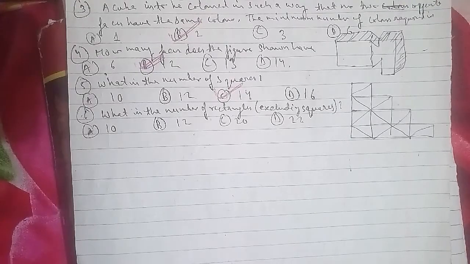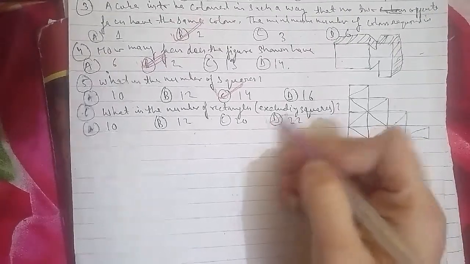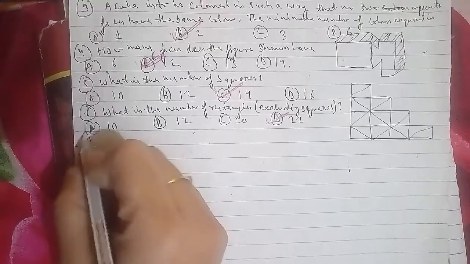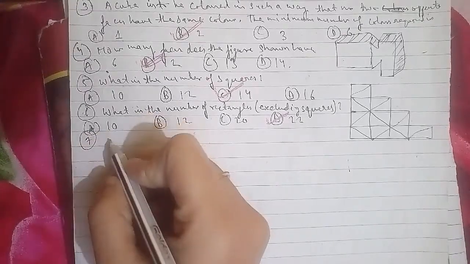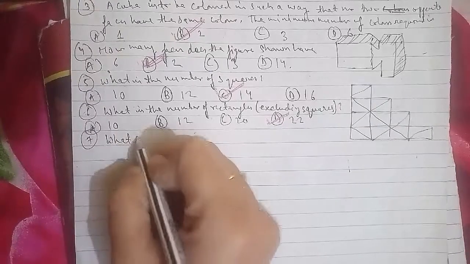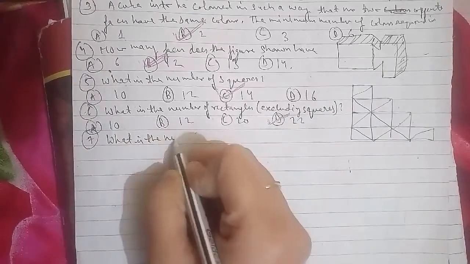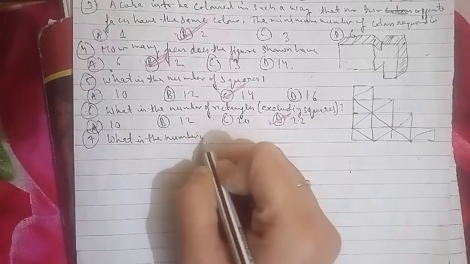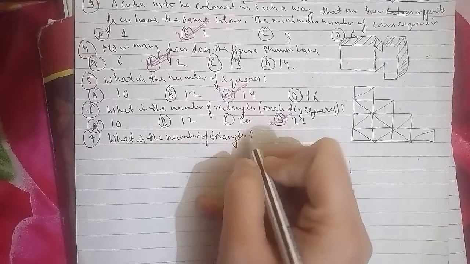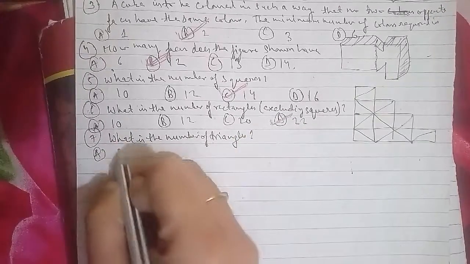We'll go ahead with the seventh question of the session. The question is, what is the number of triangles that we have? The options are: A is 20, B is 26, C is 32, and D is 40.